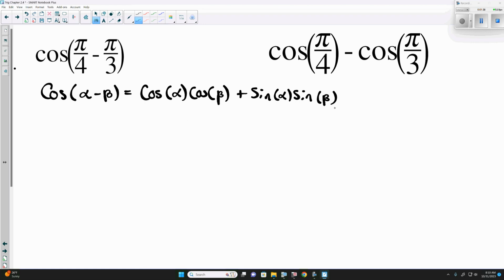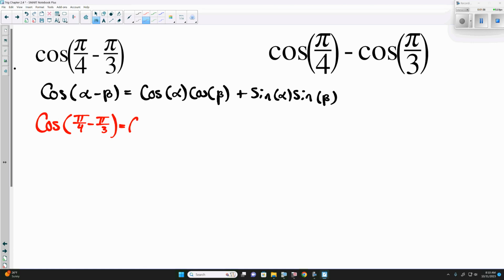This is just a straight formula. If we compare it to what we have, we have cosine of pi over 4 minus pi over 3. So for us, alpha is pi over 4, beta is pi over 3.